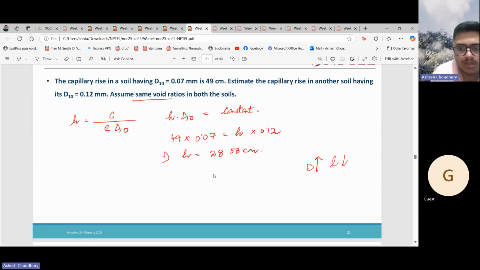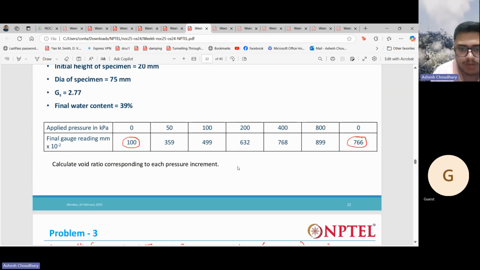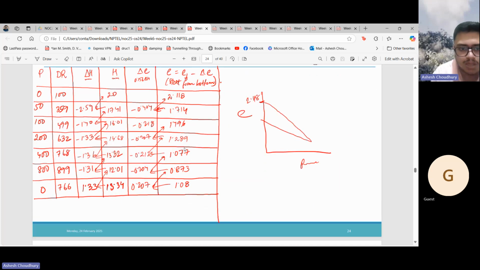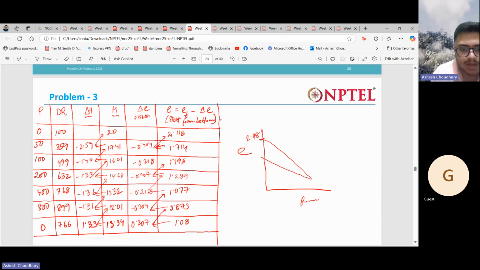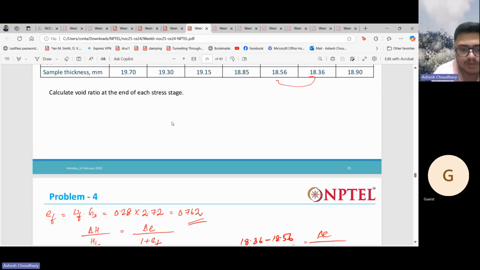Then we solve some basic problems from our consolidation test. We solve a lot of problems. See these problems properly. Okay, from the bottom to top you go, and you calculate the void ratios. Just see this properly.